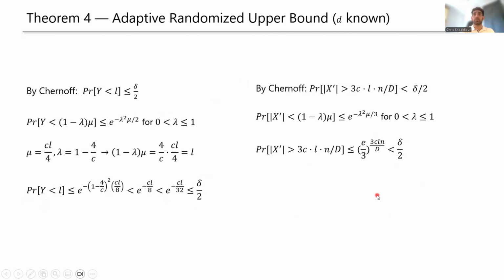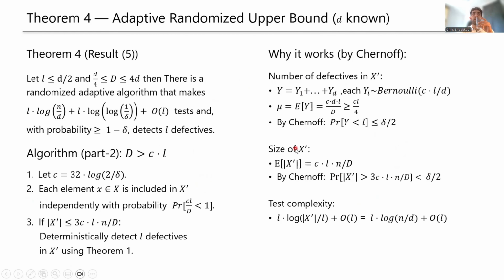This proves the previous part, where the test complexity upper bound for the adaptive randomized algorithm where D is known is exactly L times log the size of X prime, which could be bounded with a higher bound of L times log N divided by D.